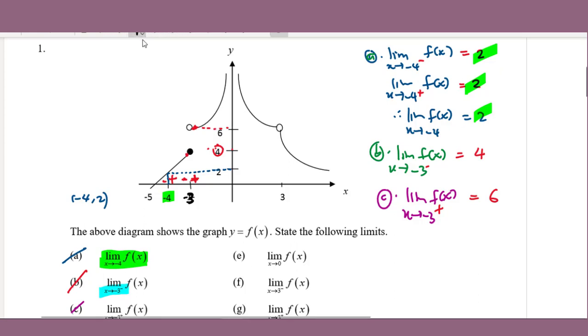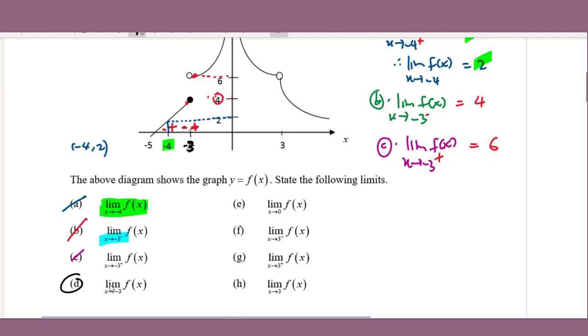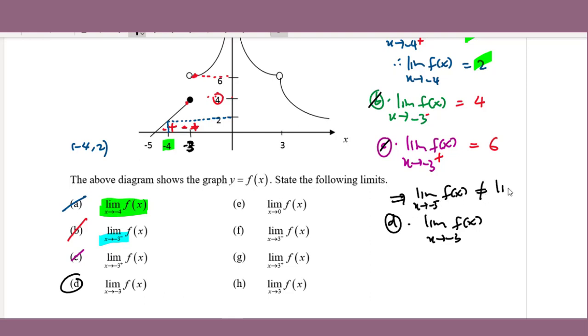And then for D, therefore the limit of f(x) as x approaches -3 does not exist.